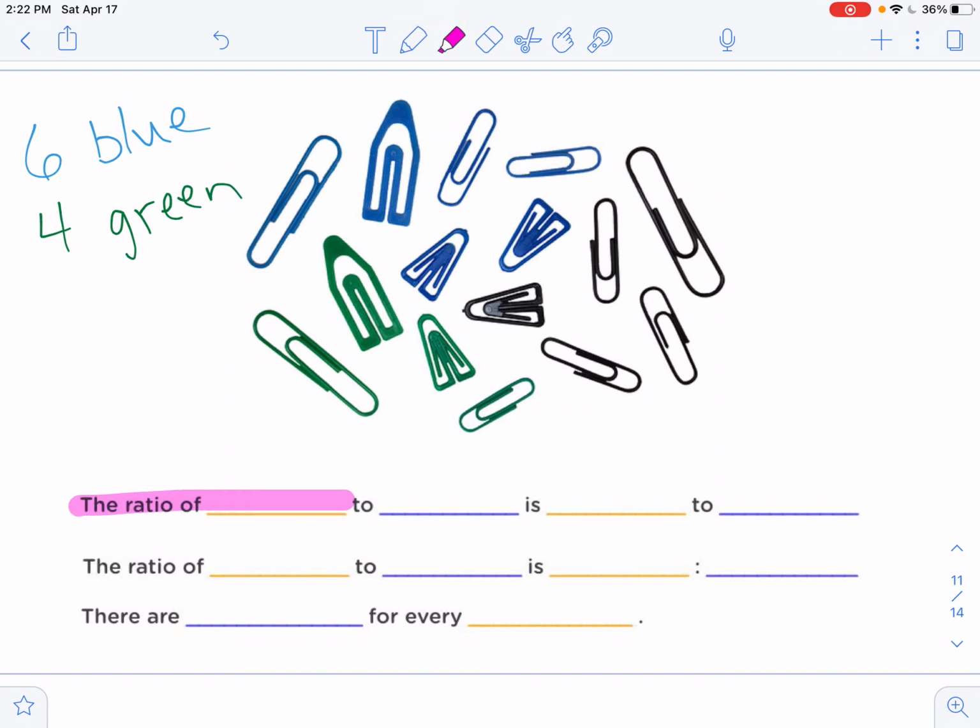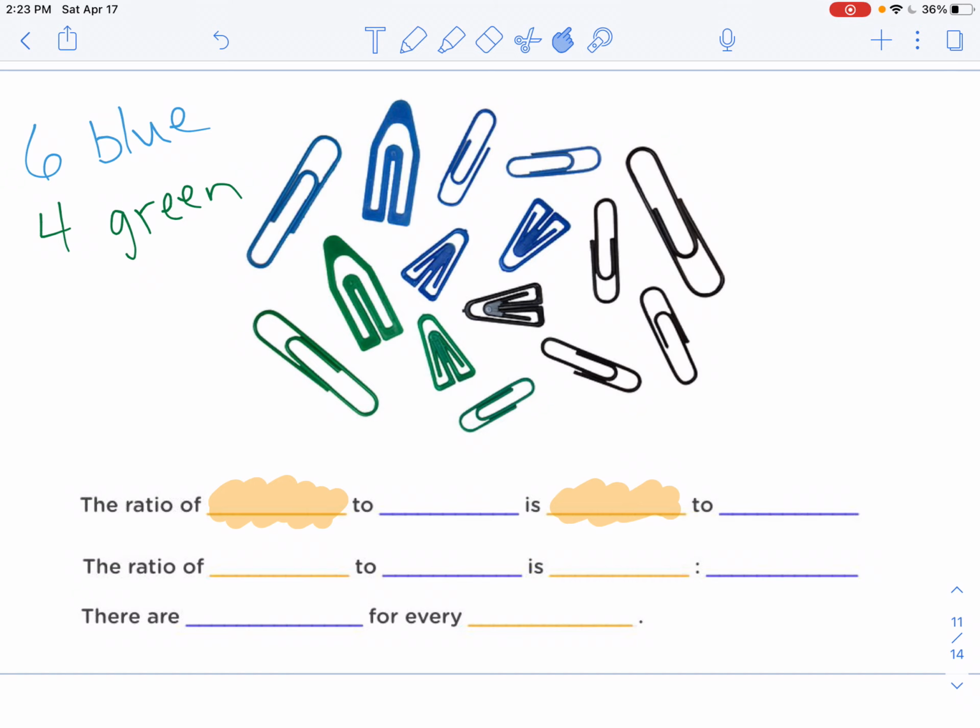Let's look down at the very first example. It says the ratio of blank to blank is blank to blank. But I also want you to notice that I made the blanks be the same color. So whatever color I put in that gold blank is the number that needs to go in that one, right? So I'm going to pick green. It doesn't really matter which color I pick first, but I am noticing the other blank is blue.